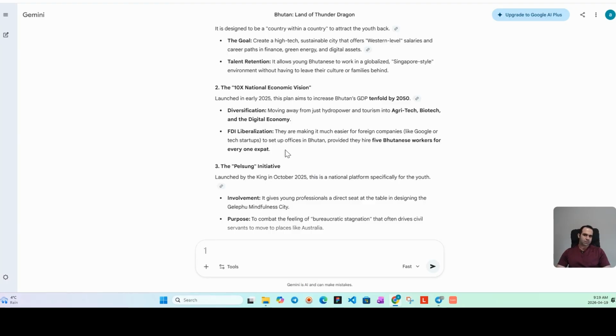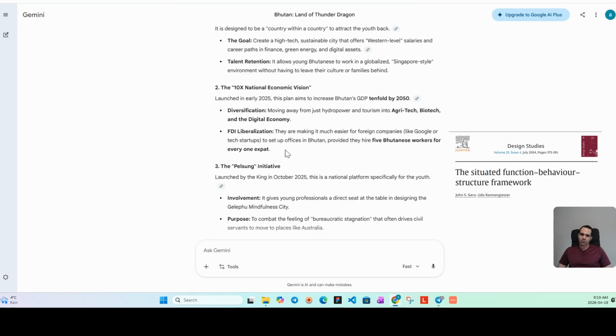Now let's pick one design methodology and use it when we are interacting with AI. There are many design methodologies to work with. We can use function behavior structure, FBS. FBS was developed by John Gero.